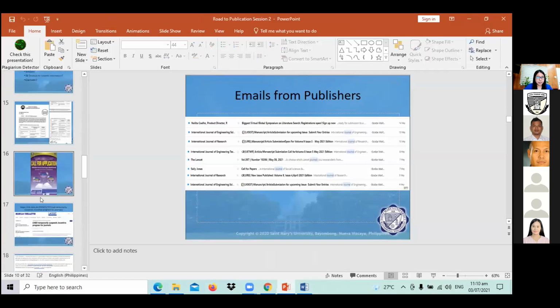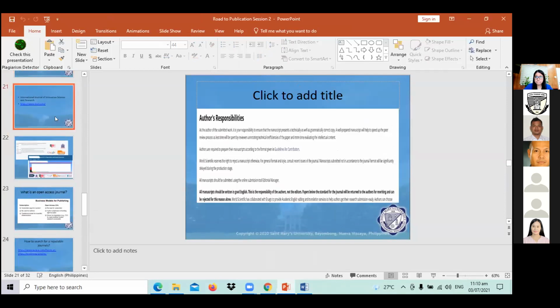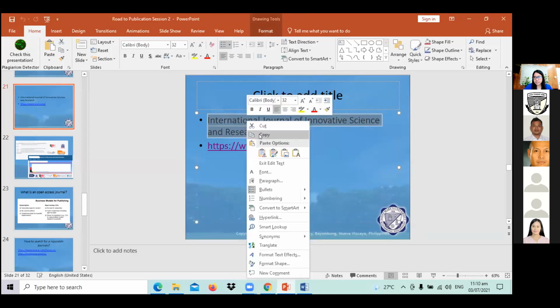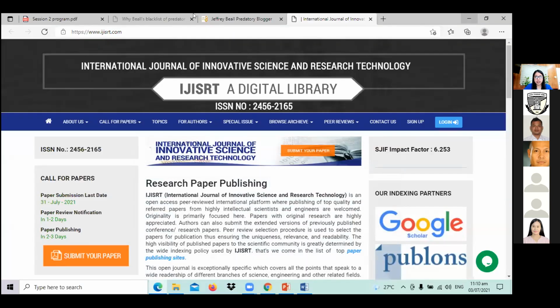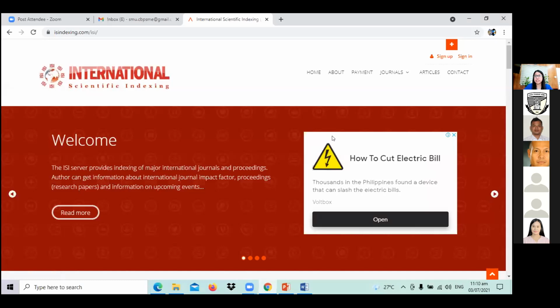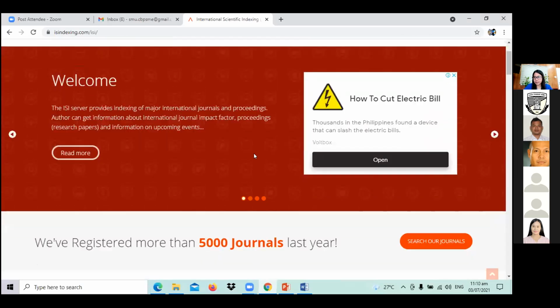So where are we now? Here. So I'll copy this and let us check it in ISI. So this is one way to check, if, of course, your standard is that it is indexed in the ISI.